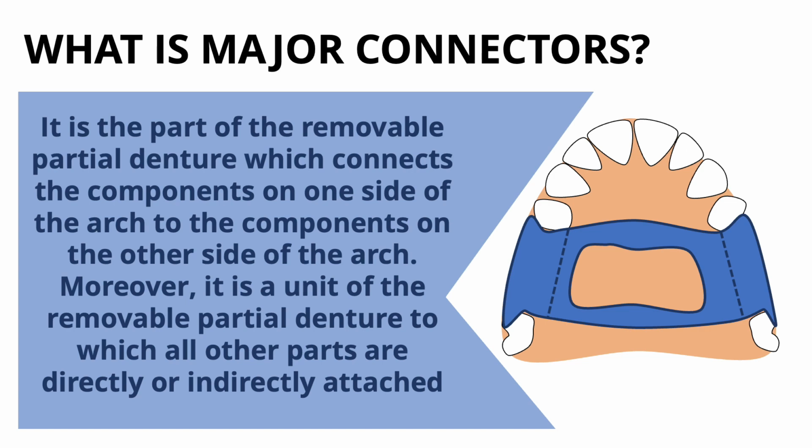Moreover, it is a unit of the removable partial denture to which all other parts are directly or indirectly attached. All other components are attached to the major connector, and it also connects one side of the arch to the other side.